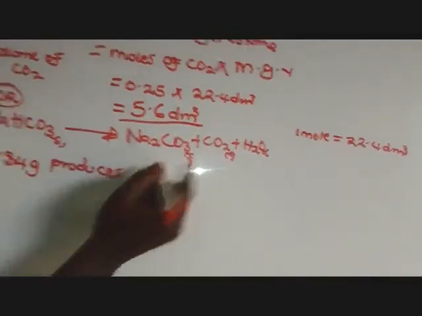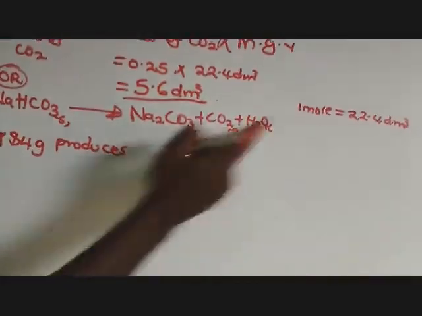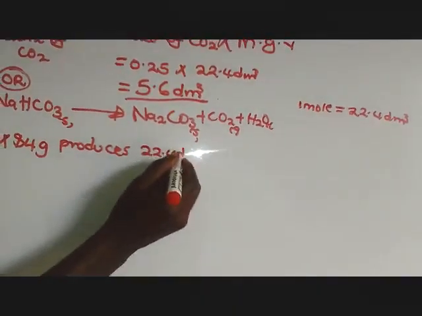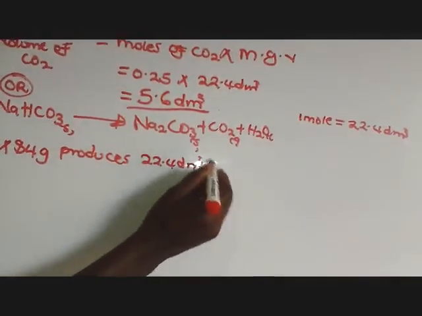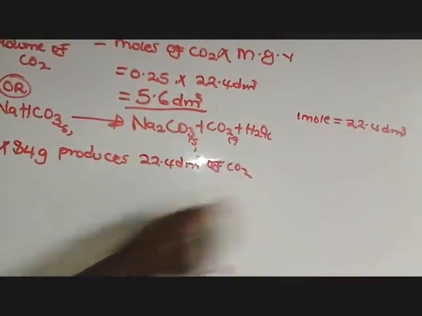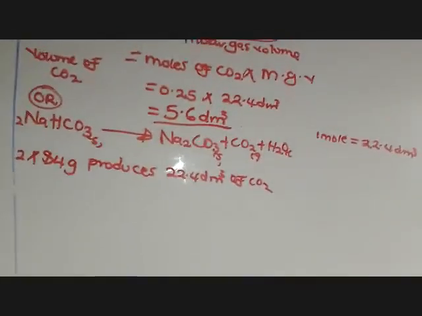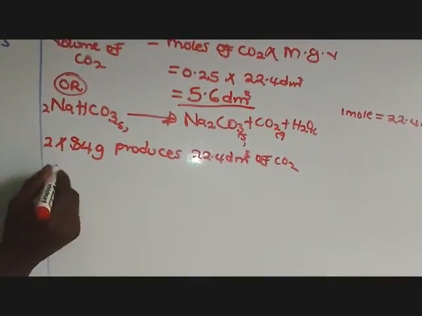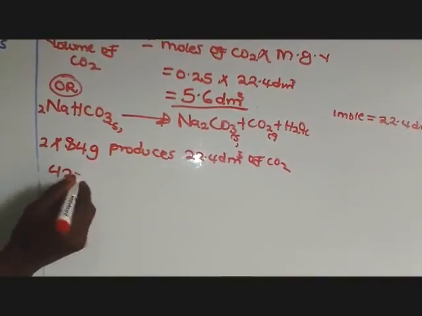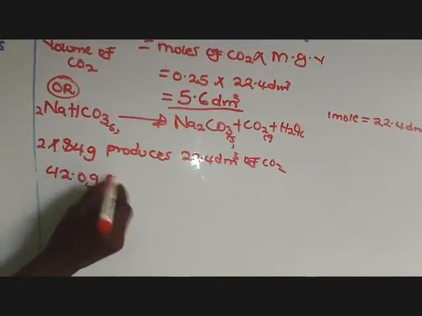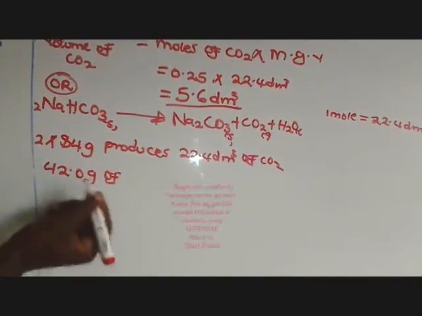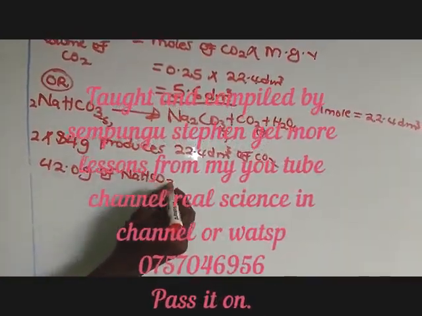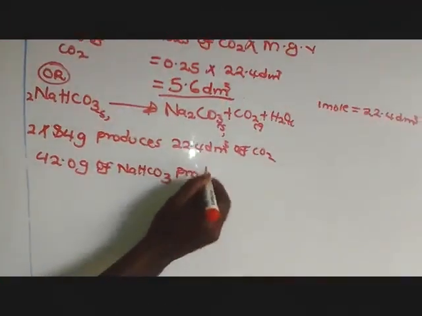Therefore, it produces 1, which is in front here, times this value, which is 22.4 decimeters cubed of carbon dioxide gas. Then, what about the grams given in the question? What about the 42.0 grams of sodium hydrogen carbonate?